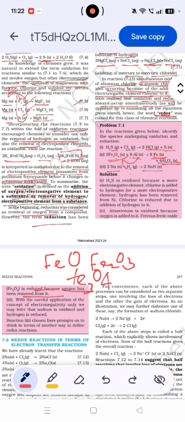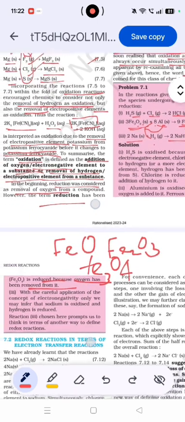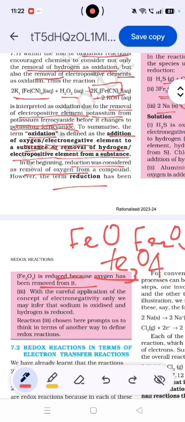And finally, sodium plus hydrogen gives sodium hydride. Okay, in that, with the careful application of the concept of electronegativity only, we can infer that sodium is oxidized and hydrogen is reduced.